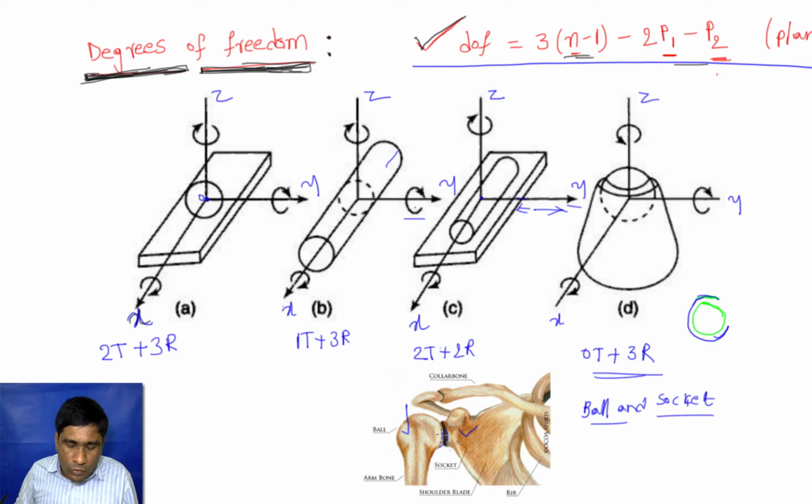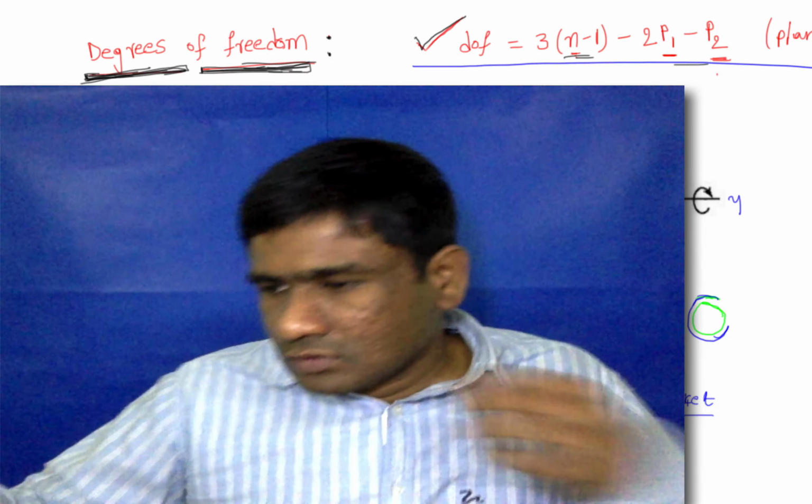How these 3 rotations? For example, one axis is like this, and one axis is along this one, and one axis is coming out of the plane. So for example, if I consider one axis along the hand, what is the rotation of this hand about this axis? That should be like this. We can make rotation like this about this axis.